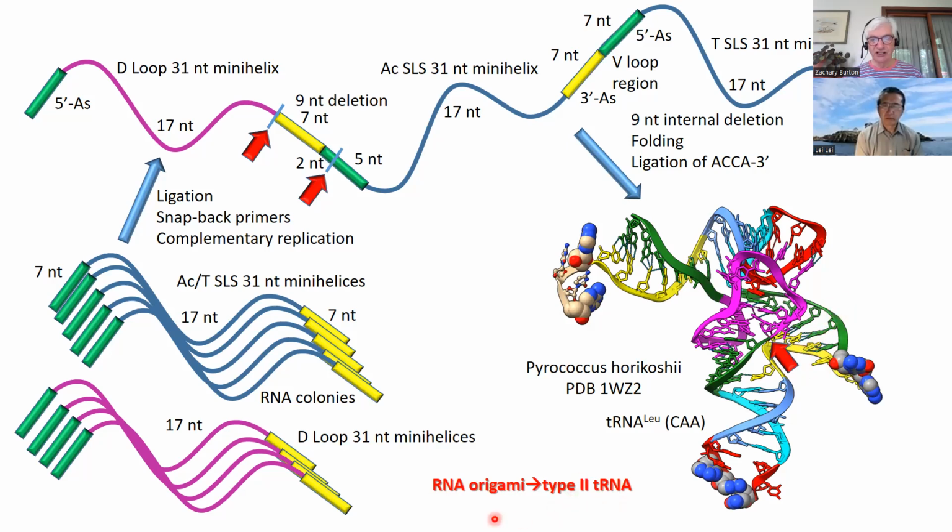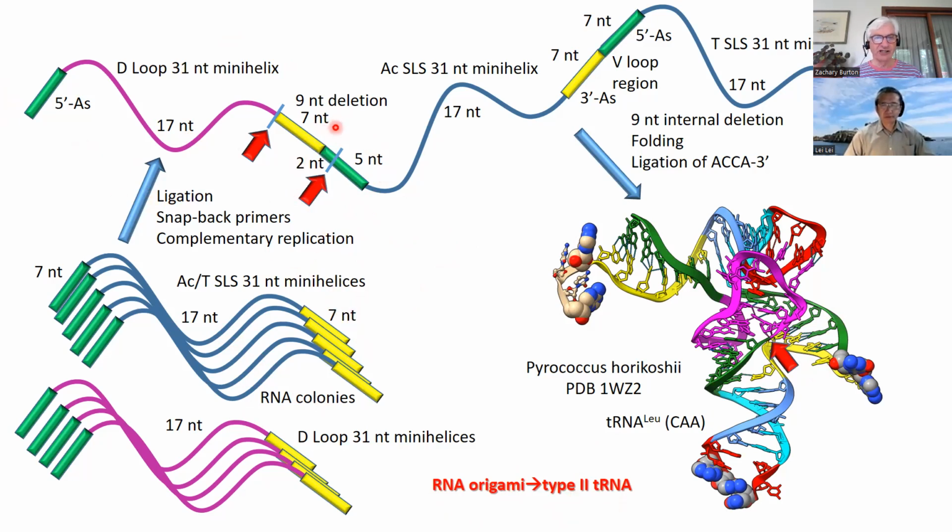So type 2 tRNA was made by RNA origami. It was made by an attempt to replicate these 31 nucleotide mini-helix molecules by ligating them together, copying them, and then processing them out.